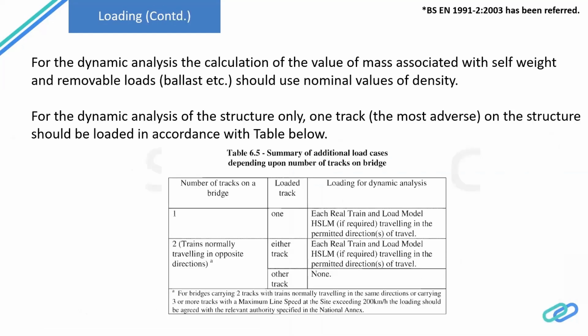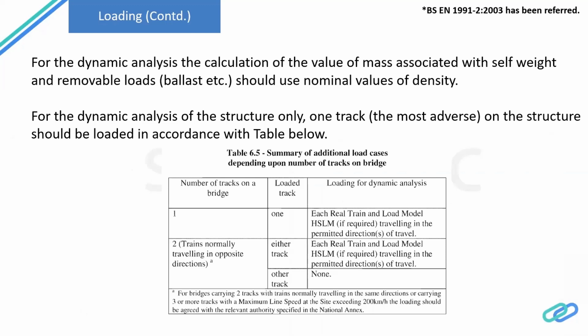Next, for the dynamic analysis calculation, the mass considered is the self-weight, then the ballast load, meaning the ballast over the deck with the track and everything, and the vehicle load.